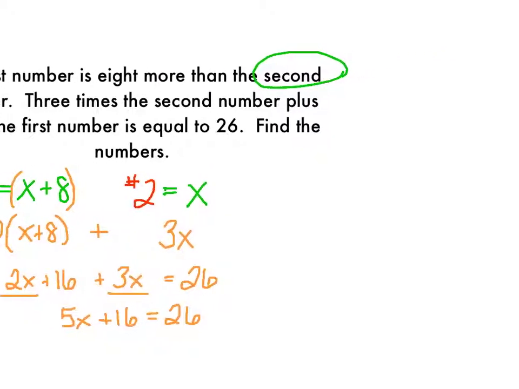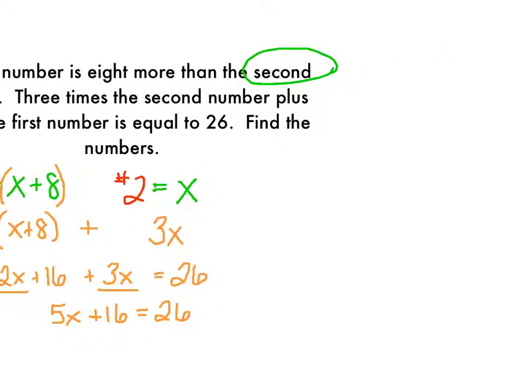So let's take a look over here. To finish this problem up, I'm going to want to take what I've left with, 5x plus 16 equals 26. I need to isolate the variable just like any two-step equation.